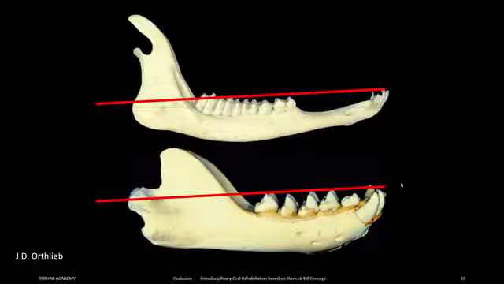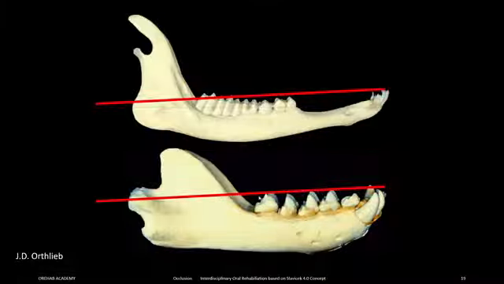Compared to a carnivore, as seen here, the vertical development of the ramus mandibulae is not very big. The condyle is strong, oriented more posteriorly, to take the load.